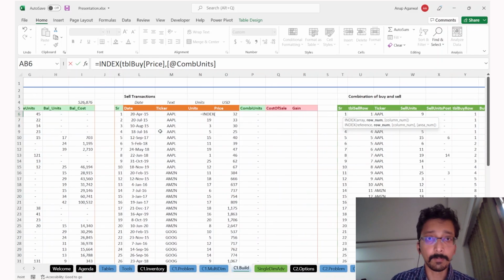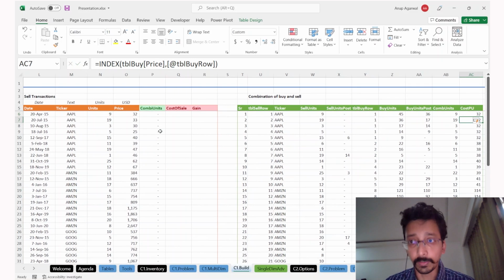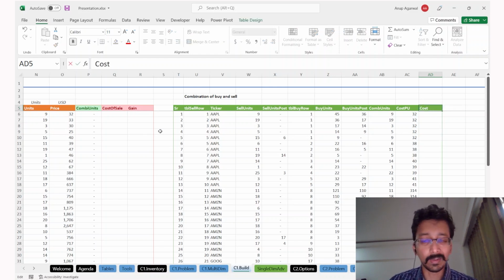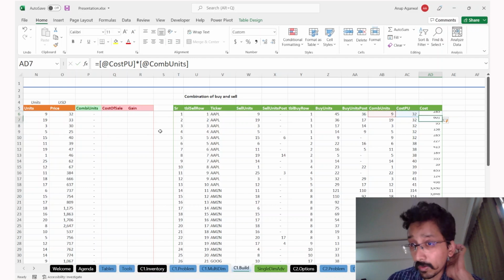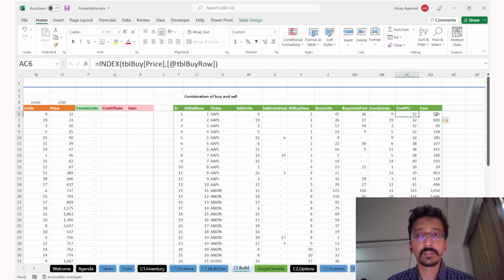So this is the buy price of this purchase. And so the total cost, I'm pressing Control R and it copies. I find it is a little easy. So I say cost per unit multiplied by the combination number of units. So it means these 9 units were purchased at this price, 32.